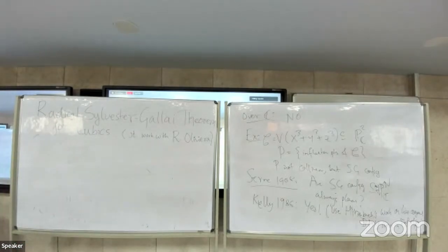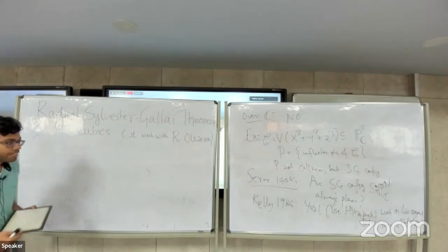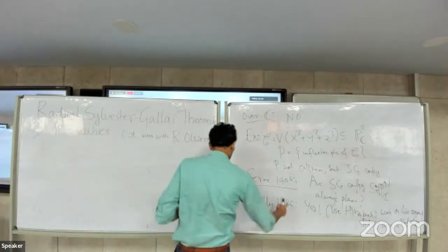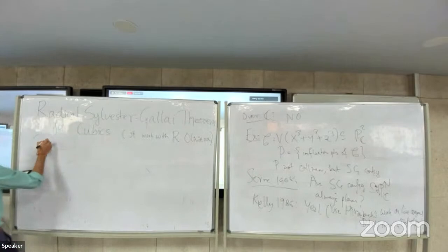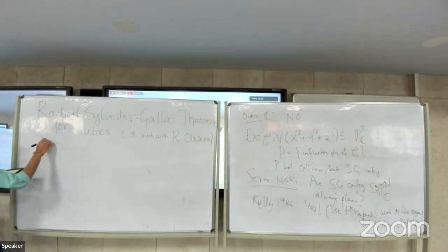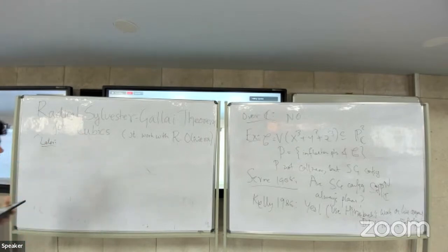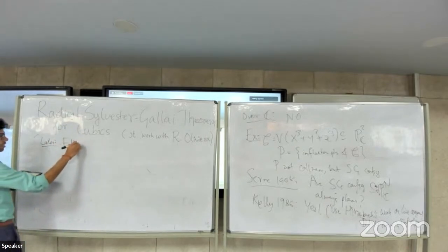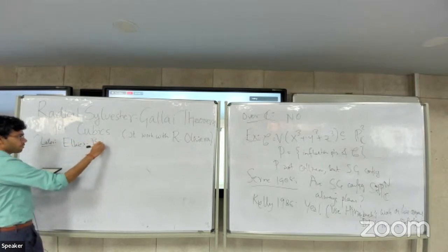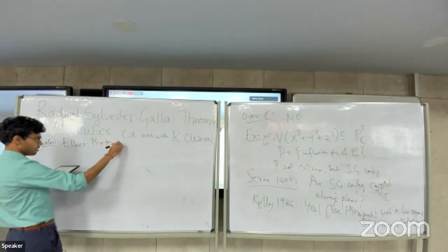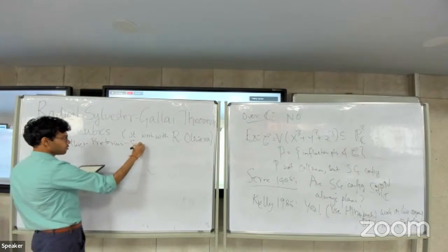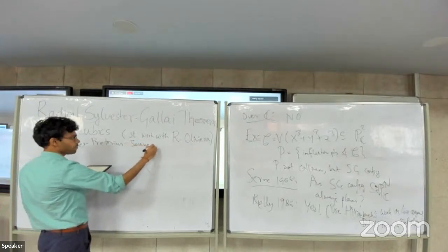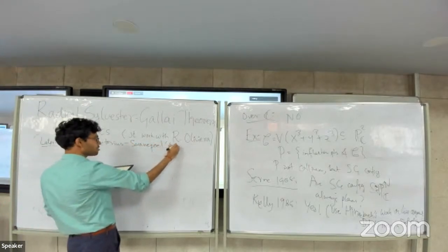Kelly's theorem was later proved again by other people. There were later, more elementary proofs which don't use so much algebraic geometry, by Elkies, Pretorius, and so on, in 2006.